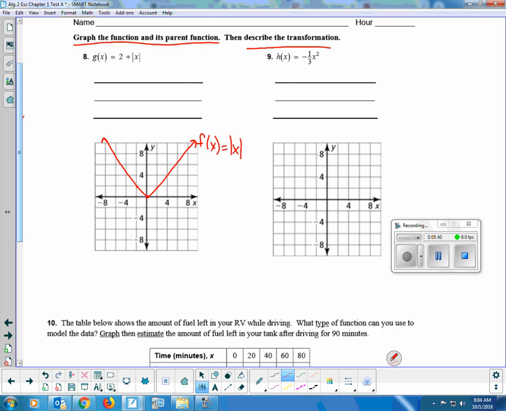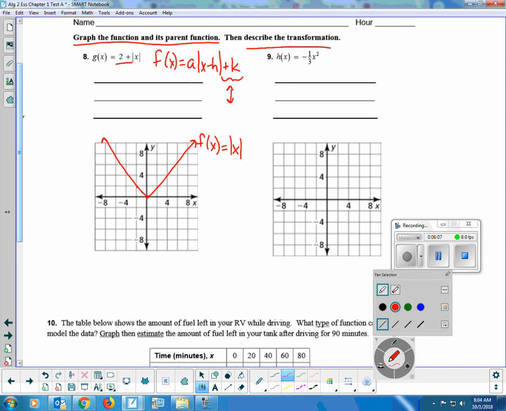Now when I look at this equation, it looks like there's something being added outside of the brackets. And we talked about that in the general form. Something being added outside the brackets is your k, and this moves your transformation up and down.